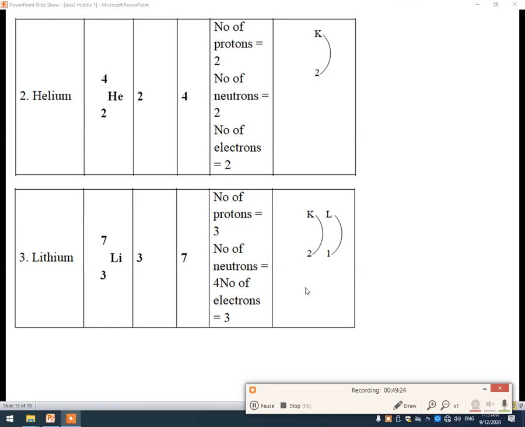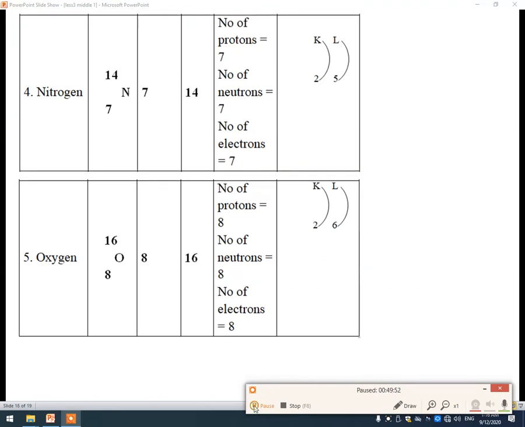We'll make the first energy level, K. The K is saturated by 2 electrons. So how many electrons are left? We have only 1 electron left from the 3. So we will put this electron in the second energy level, which is the L. So L is saturated by 1 electron, which is the remainder of the electrons.